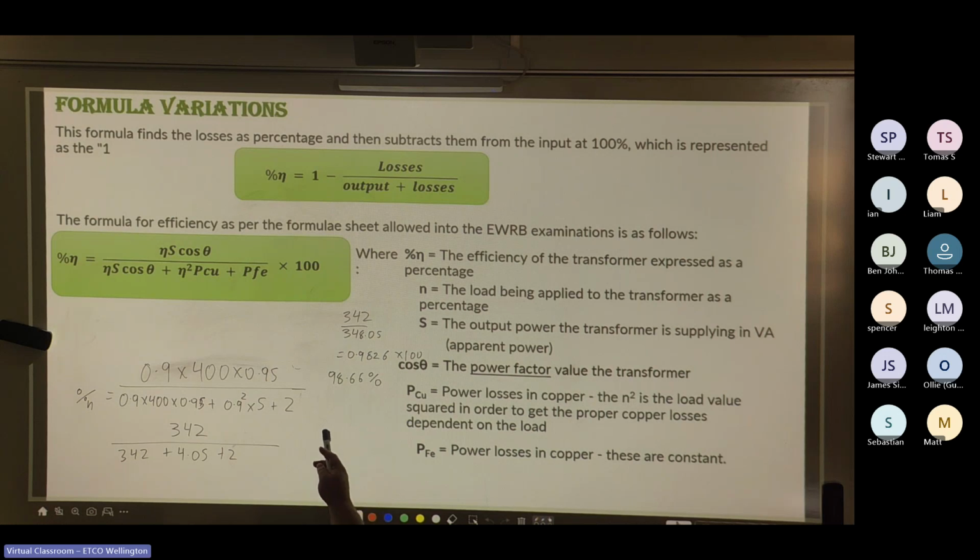If you've been given the power factor, you don't need to worry about using the cosine. Did everyone else follow along where I was going with that one?